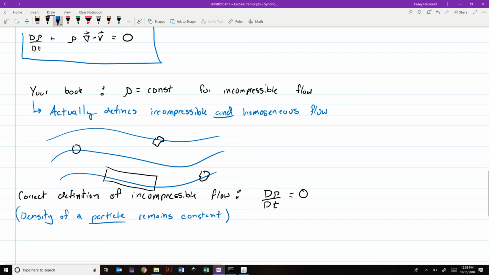And the other reason I like making that distinction is because if we say our flow is incompressible, that means that our material derivative of density goes to 0.